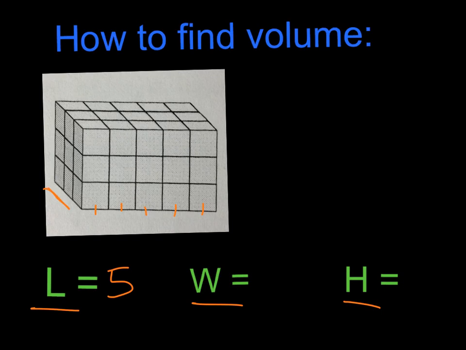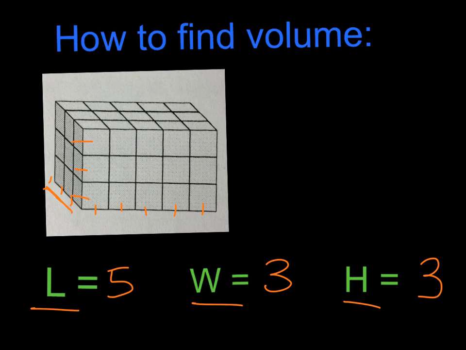The width is about how far back it sits. There is 1, 2, 3, so the width is 3. And the height is how tall it is: 1, 2, 3. So the height of this object is 3 units high. The length is 5 units, the width is 3 units, and the height is 3 units.